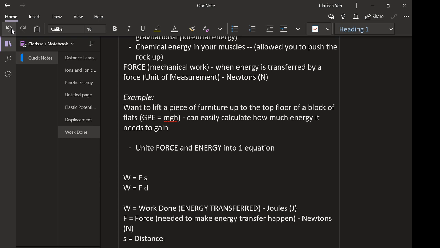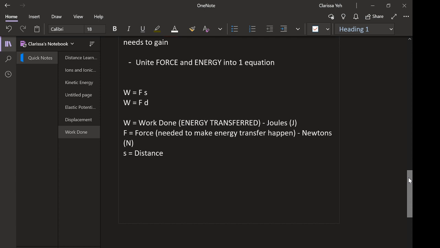This is why I mentioned that you might prefer to use D instead. However, it's not just general distance. It is a specific distance. It's distance moved in the direction of the force, and that's standard measurement in meters.